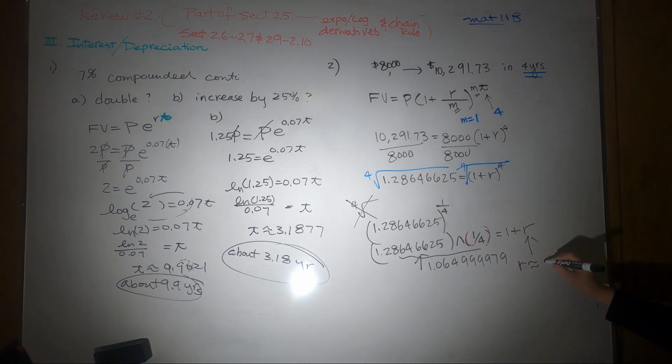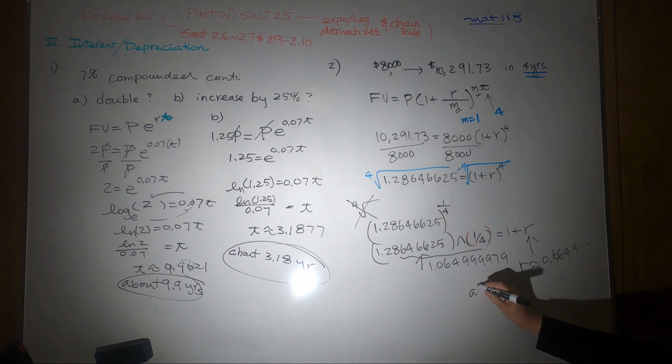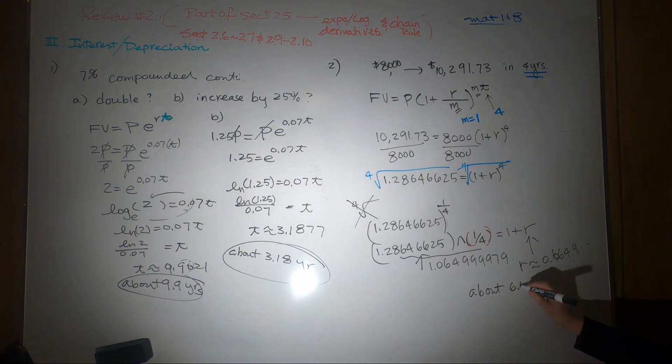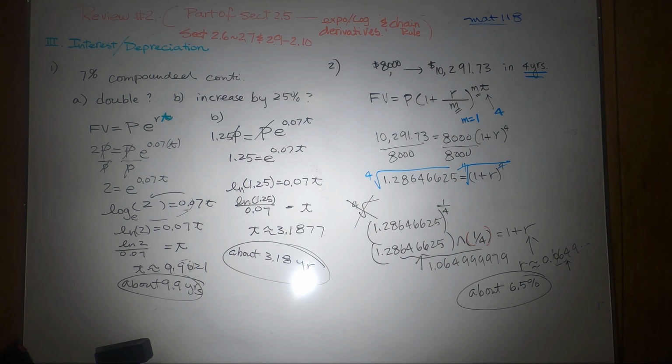So R is about 0.0649 something. So it's about what? In percentage, right? Would be 6.5%. For percentage rate. Pretty straightforward.